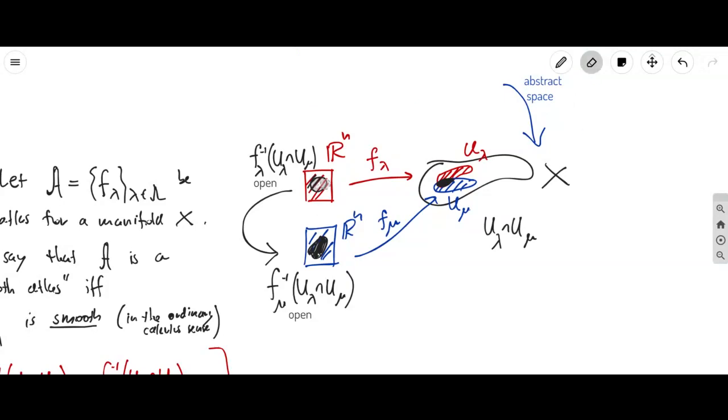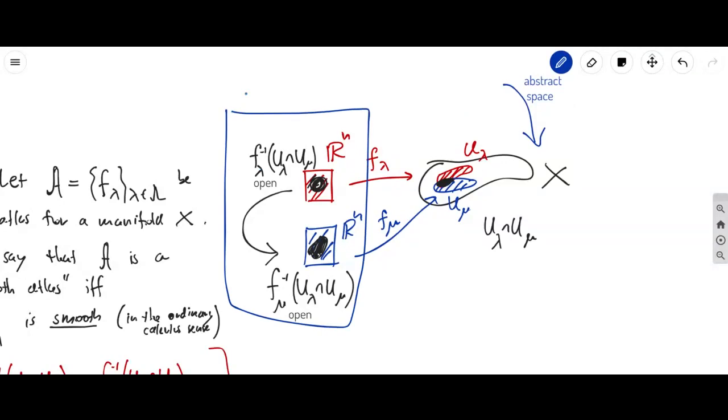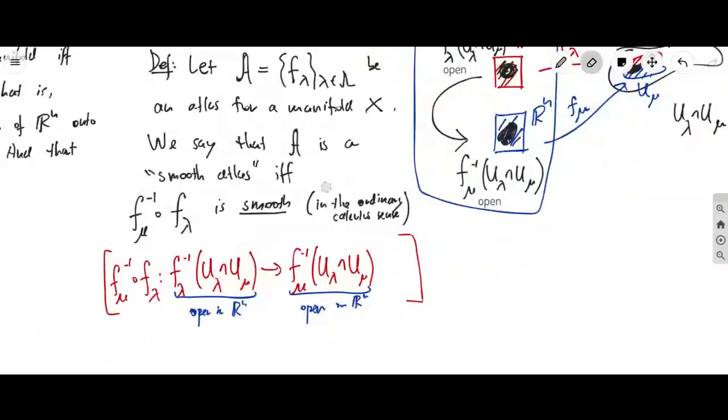However, these charts that we have over here are the well-familiar Euclidean world that we're comfortable with. We're basically mapping everything back to the Euclidean world where we are more comfortable. And when we talk about things being smooth, we talk about things being smooth in the ordinary Euclidean sense, which we're going to define right now.